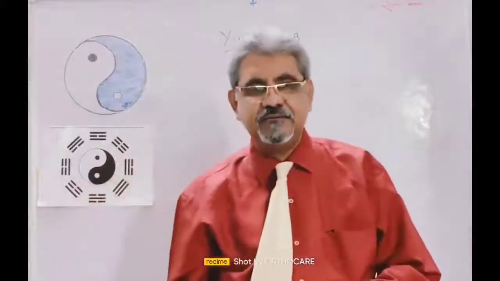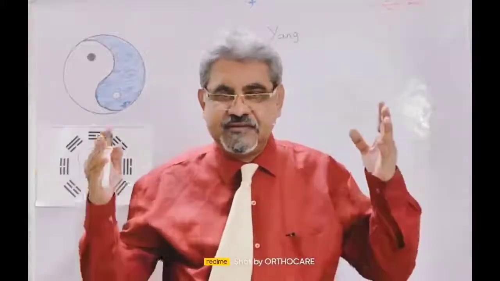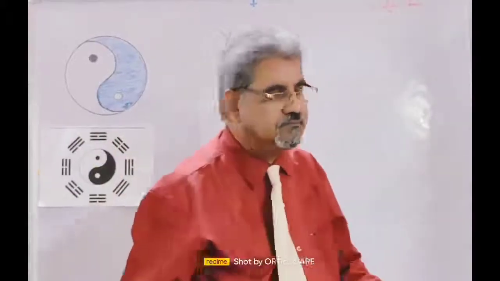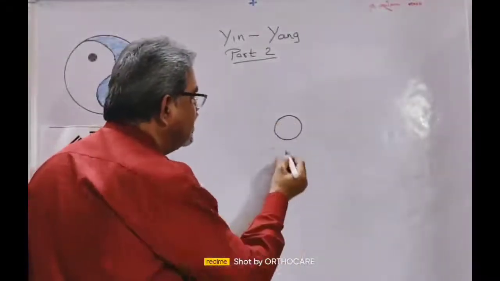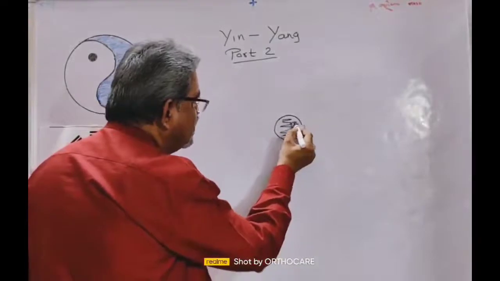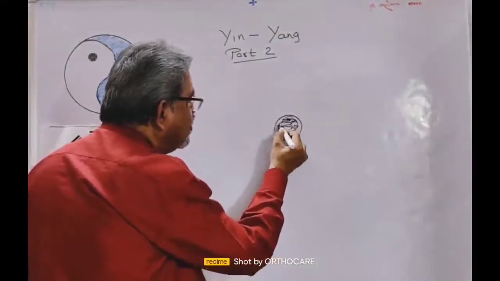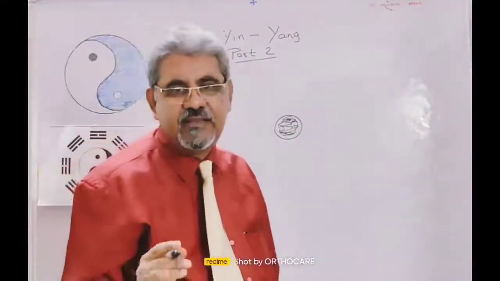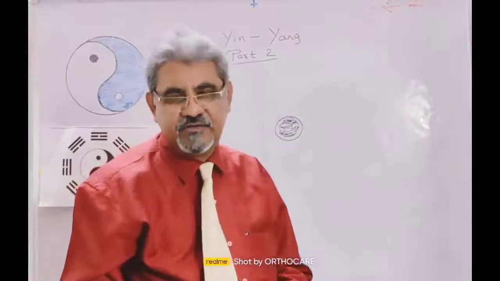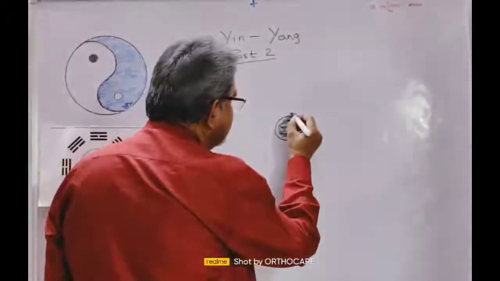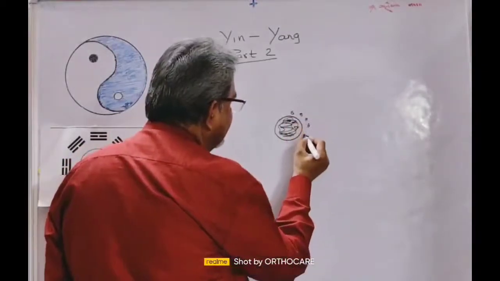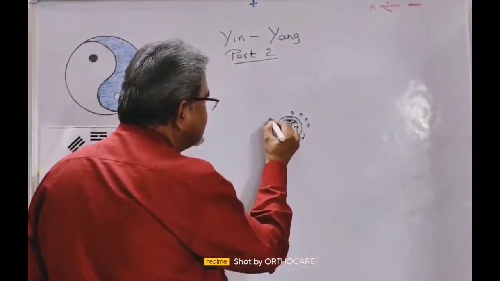For example, there is an atom. We can count this as an atom, but the core of the atom is totally energized with positiveness. But the same core is surrounded by various electrons.